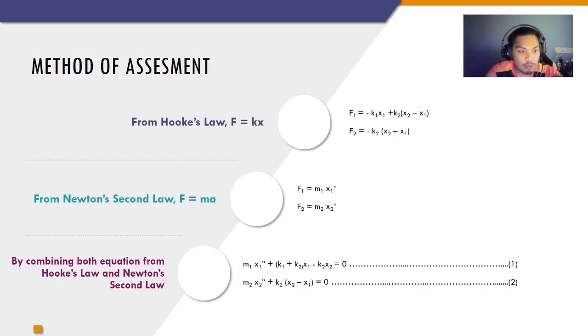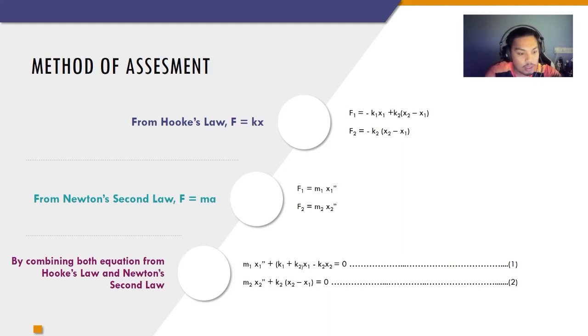So first, from Hooke's law, F equal to kx, we get F1 equal to negative k1 x1 plus k2 (x2 minus x1), and F2 equal to negative k2 (x2 minus x1). From Newton's second law, F equal to ma. So first, F1 equal to m1 x1 double prime, and second is F2 equal to m2 x2 double prime.